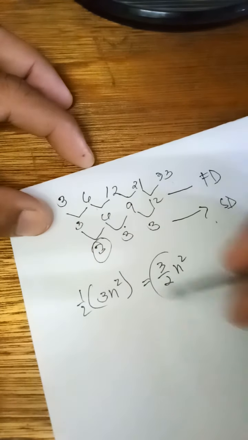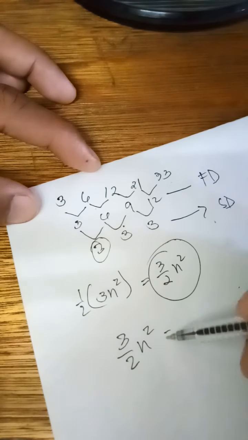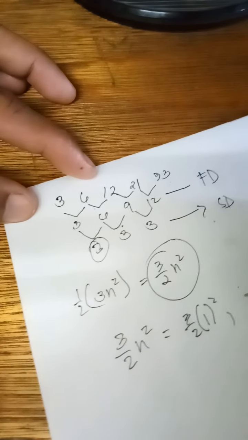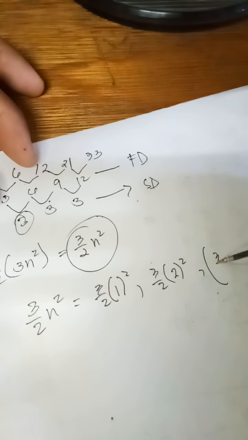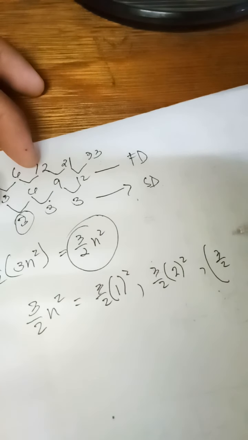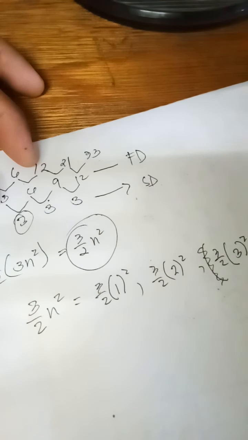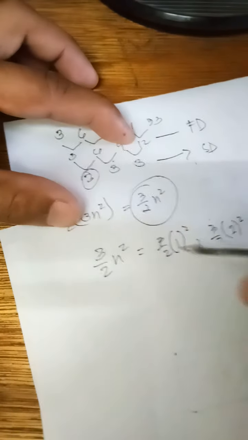So again, we're going to use this formula, 3 halves or 1 and 1 half, and squared. So we have 3 halves times 1 squared, 3 halves times 2 squared, 3 halves times 3 squared, followed by 3 halves times 4 squared.